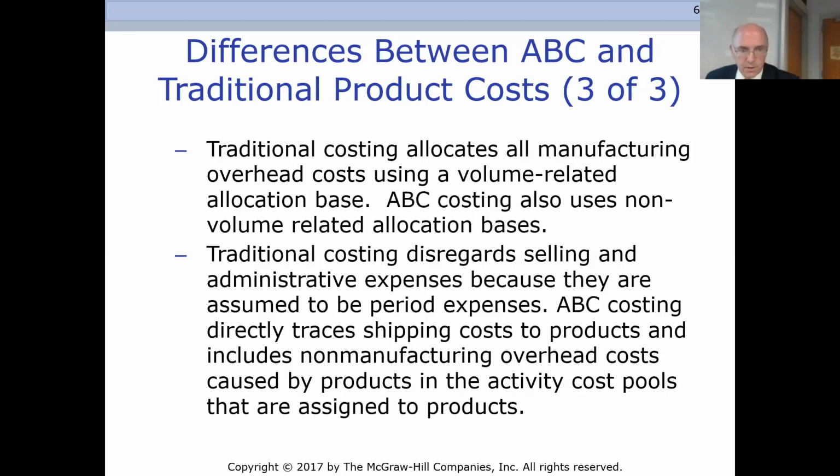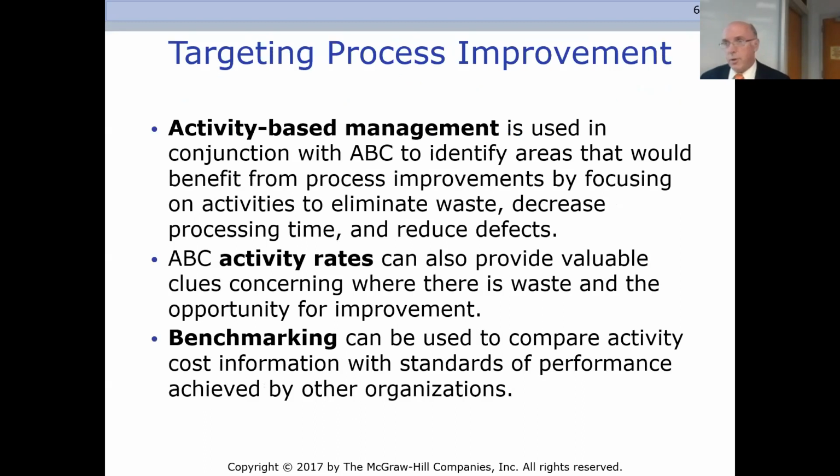And the third one, traditional costing disregards selling and administrative expenses because they're assumed to be period expenses. ABC costing directly traces shipping costs to products and includes non-manufacturing overhead costs caused by products in the activity cost pools that are assigned to products. So basically, you have 2 chargeable or traceable costs, direct material and direct labor under traditional costing, and under ABC costing you have that third one, the freight costs or shipping. And the difference again between product cost and period cost.